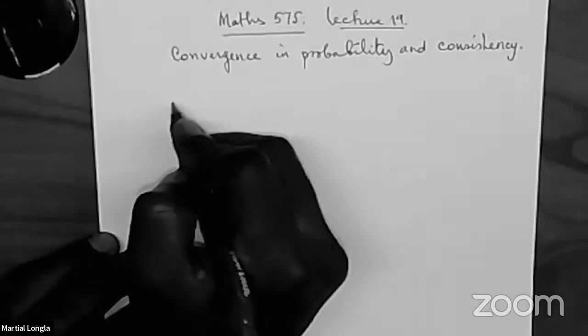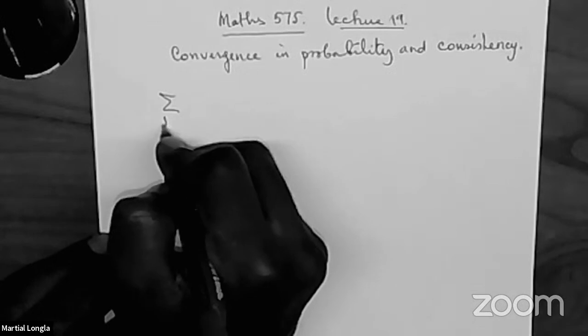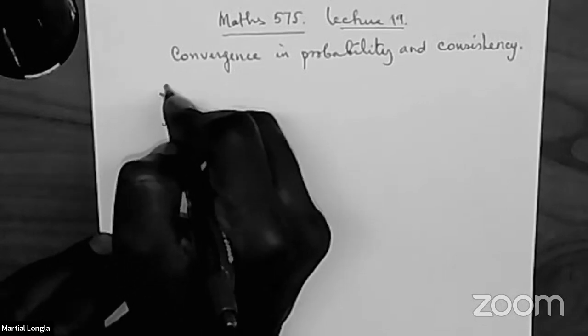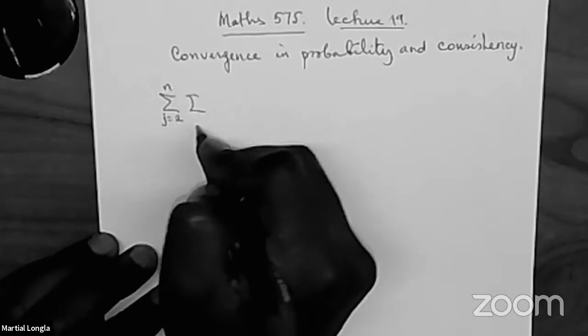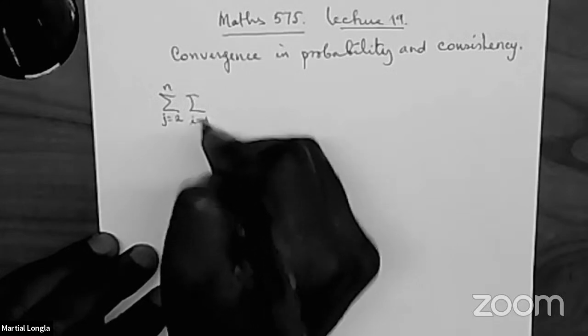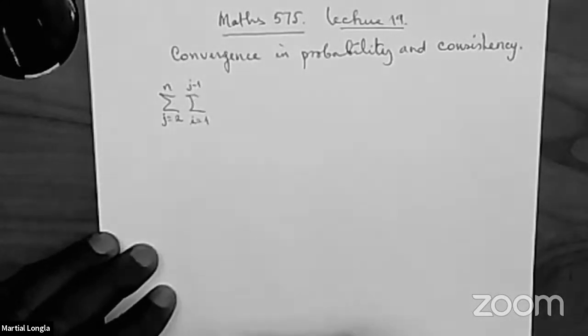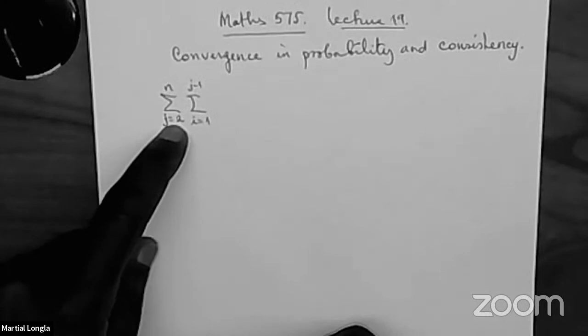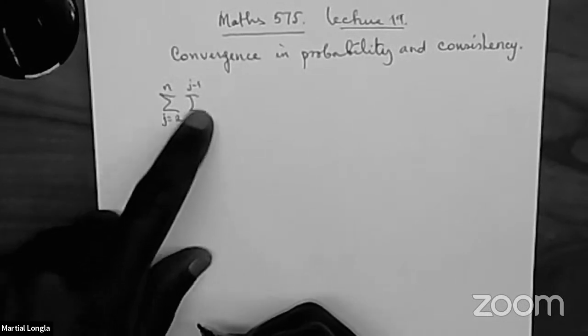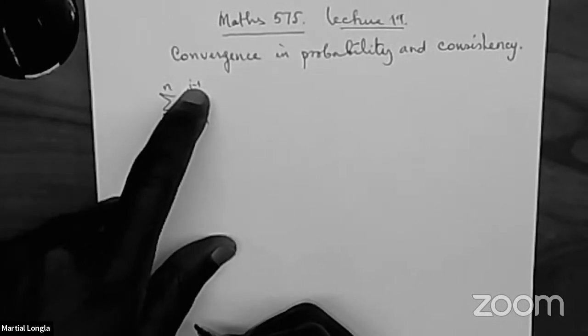So we said sum j from 2 through n of sum i from 1 through j minus 1. So once you fix j, i never goes up to j. i stops at j minus 1.